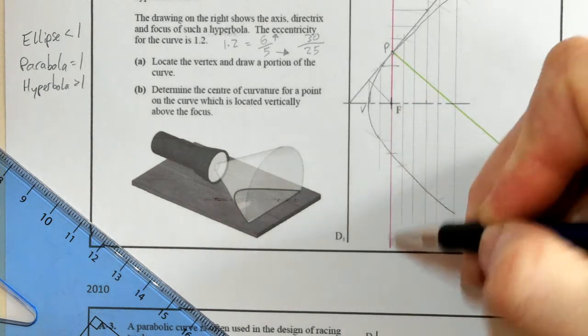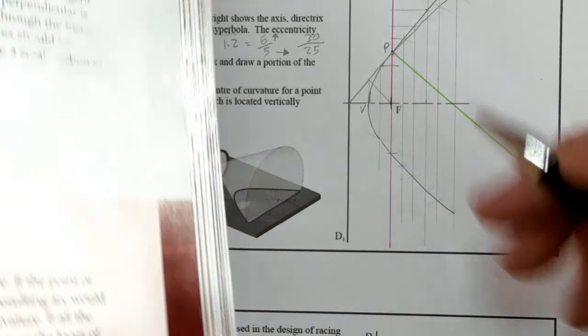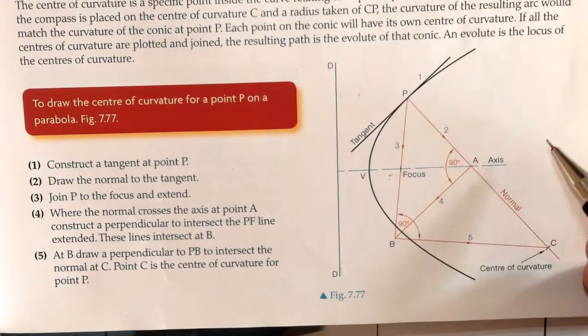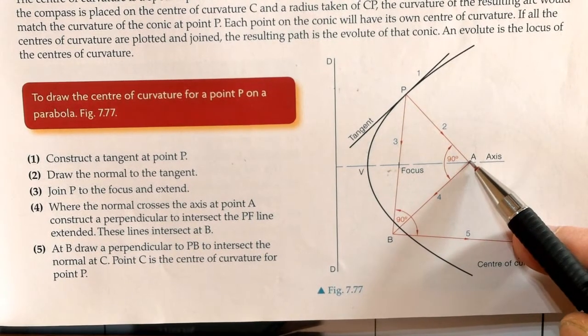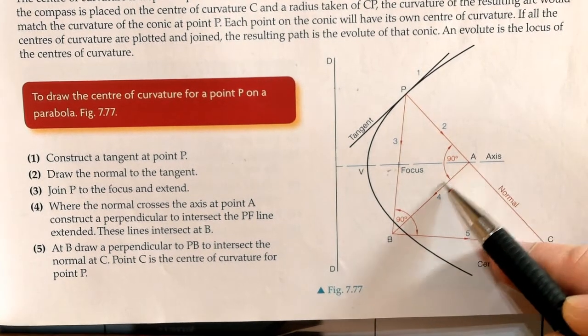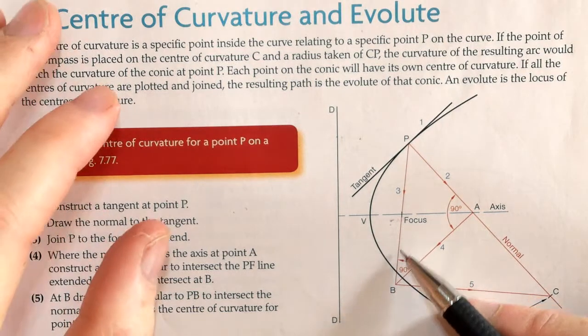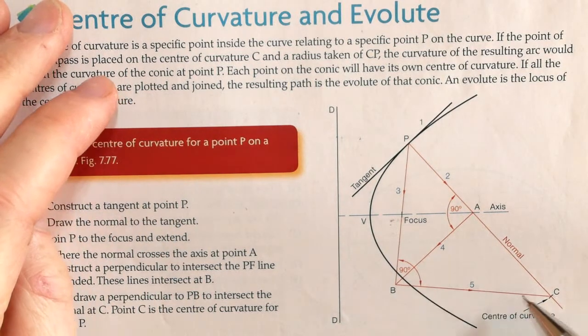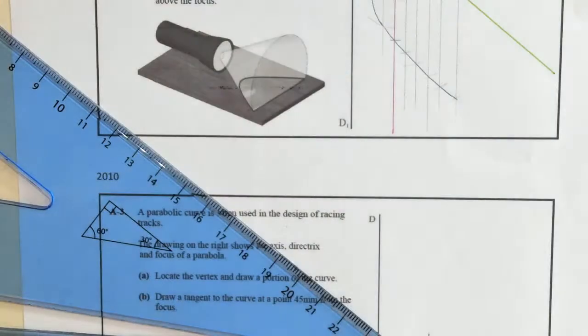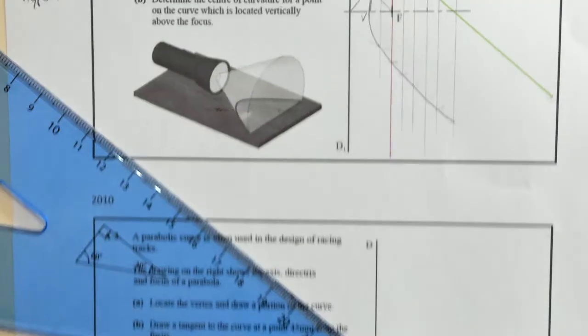That's actually the latus rectum here in this case. Our next step now is where our normal hits the axis, we're going to draw a perpendicular line which hits our latus rectum, and then we're going to go perpendicular to the latus rectum again. So a couple of steps involved.